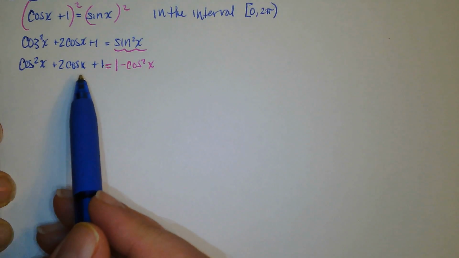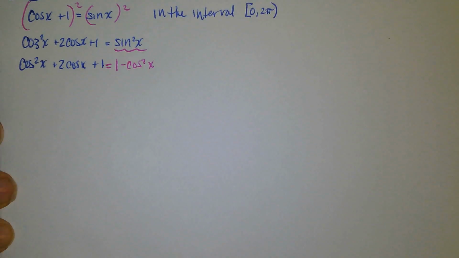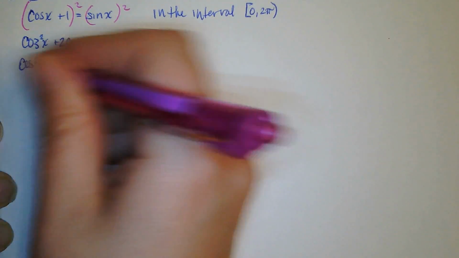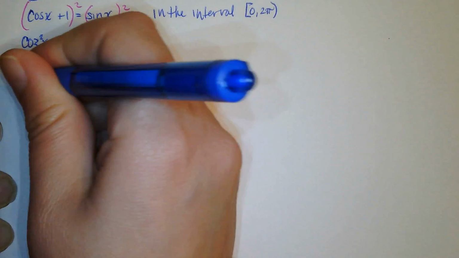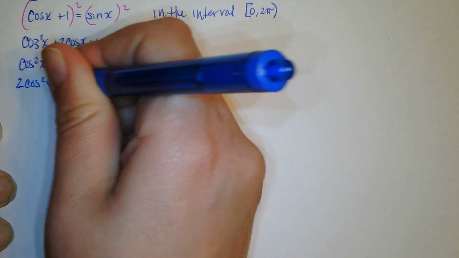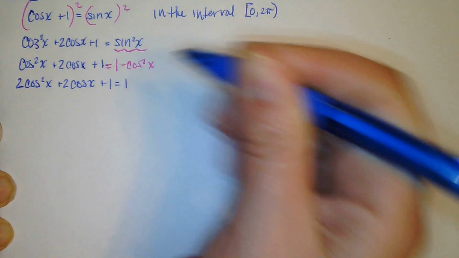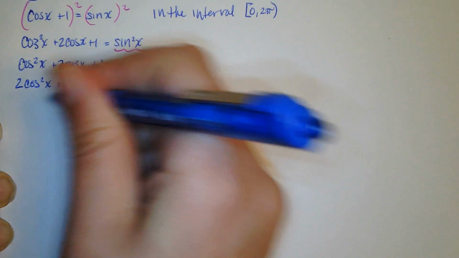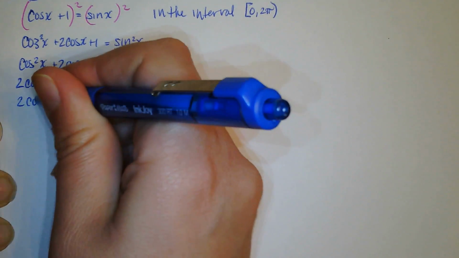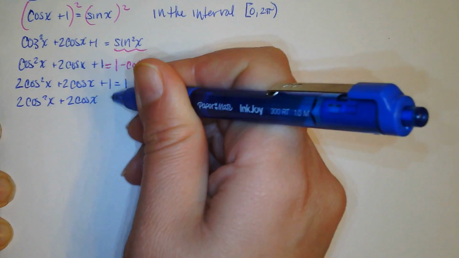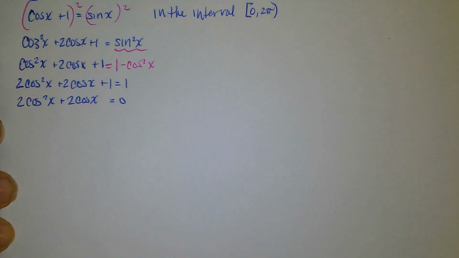I can move the cosine over, I can move the 1 over, I can do everything now. And if I add the cosine squared x over to this side, and now if I subtract the 1 from both sides, I'm going to get a 0, because when we factor, we need it to be equal to 0. All right, this is now factorable.